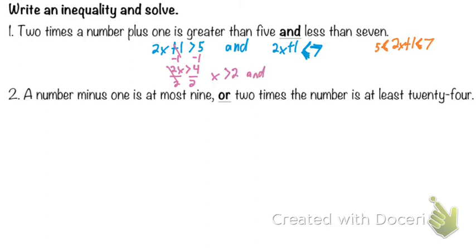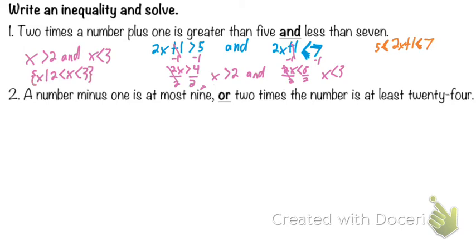And subtract 1: 2x is less than 6, divided by 2, x is less than 3. So we end up getting x is greater than 2 and x is less than 3, which we can rewrite as 2 is less than x, which is less than 3. So x is between the two. And we can put x such that and call it our set notation here.